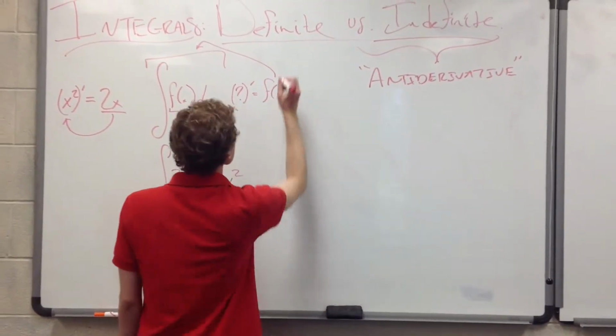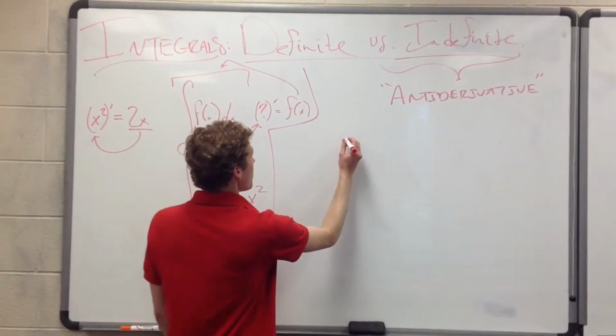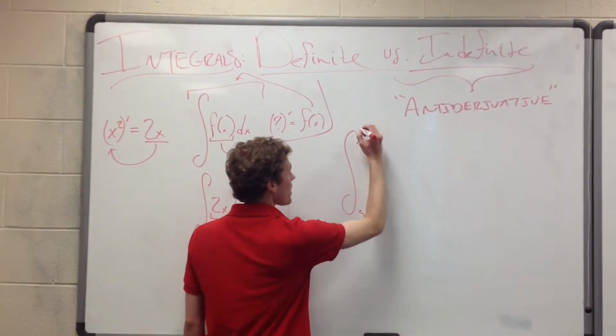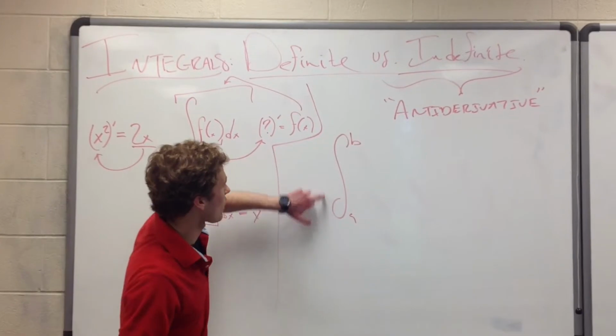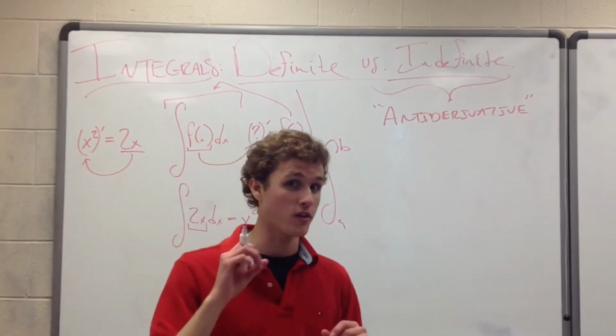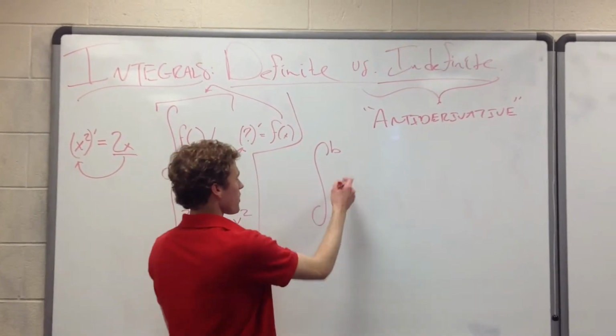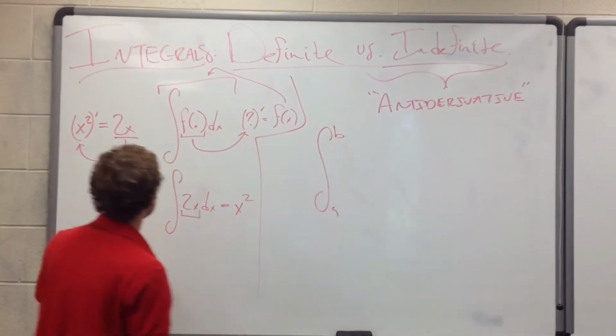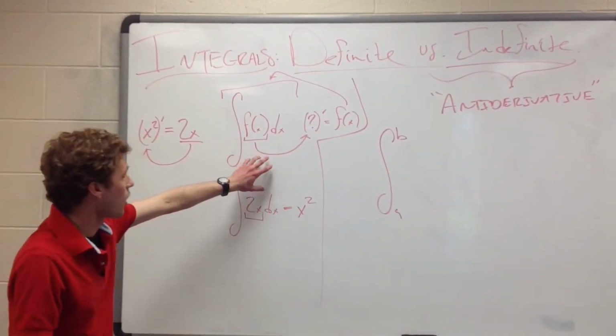Same symbol, but A to B. These are starting and stopping points, is a good way to think about it. This is the interval over which we're evaluating this function. We're going to have a function inside of this, just like we did on our indefinite integral.